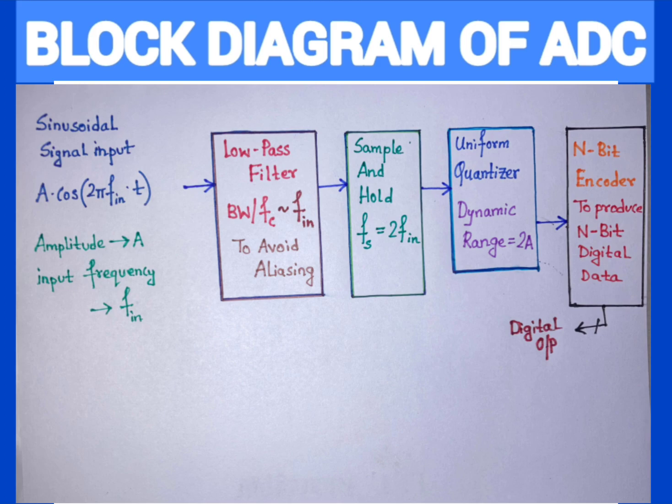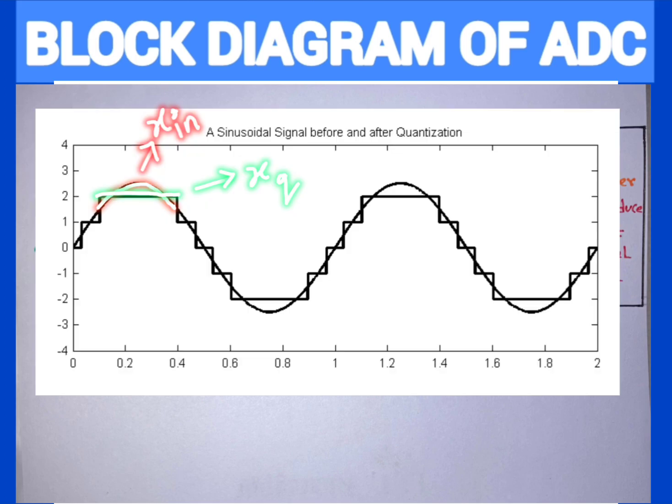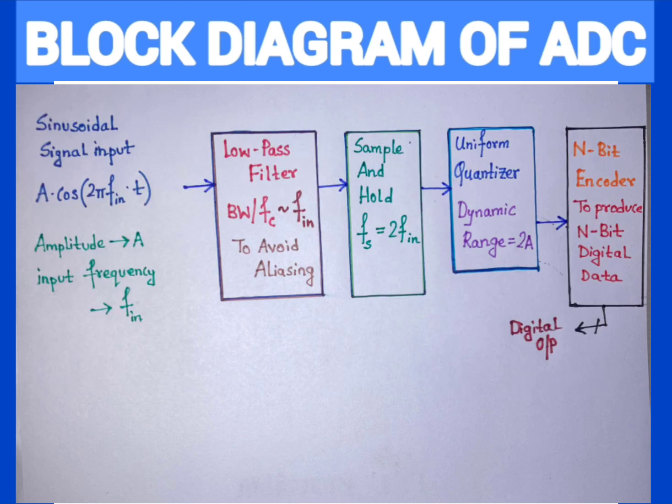Whatever quantized levels we get, we have to change into digital bits, because we are going to transfer just zeros and ones. We have already defined that this voltage range will give me this voltage level, but we have to do some encoding. Say we have levels 1, 2, 3, 4, 5, 6, 7, 8, but we have to transfer them.